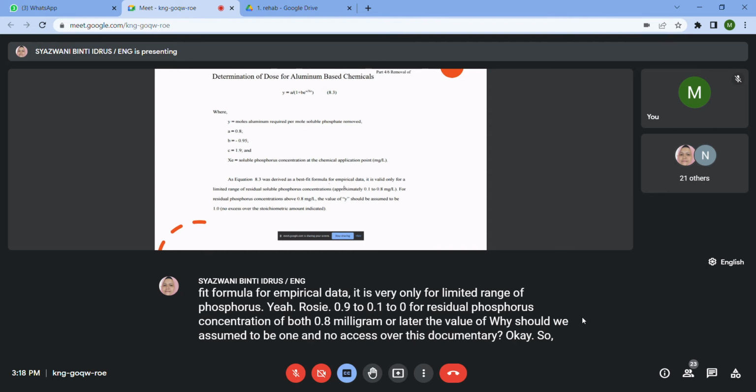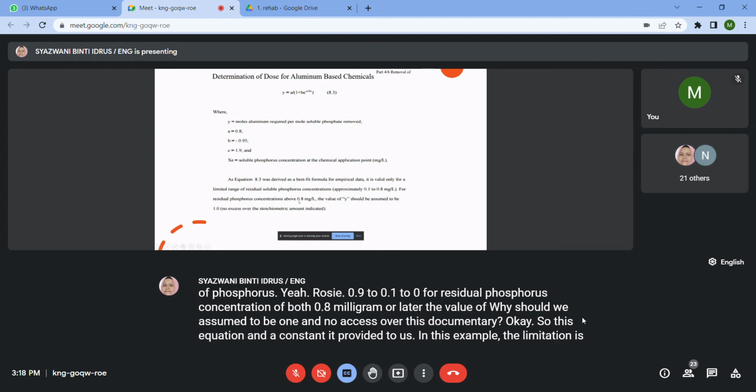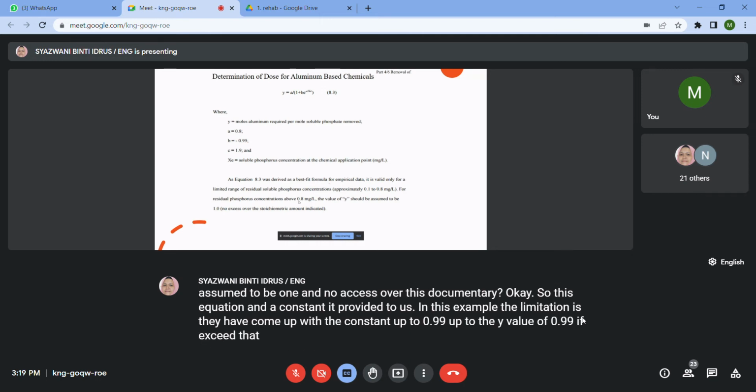So with the constant provided in this example, the limitation is they have come up with a constant up to the Y value of 0.99. If it exceeds that level, then it's assumed to be 1.